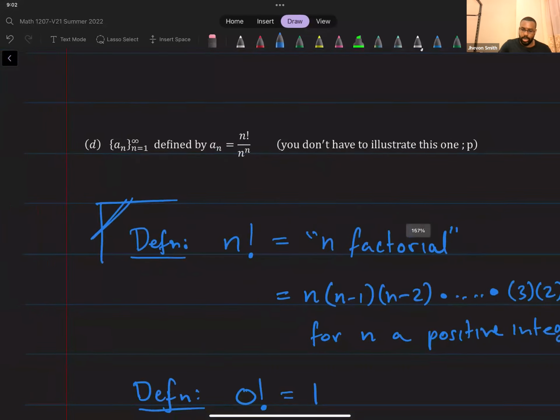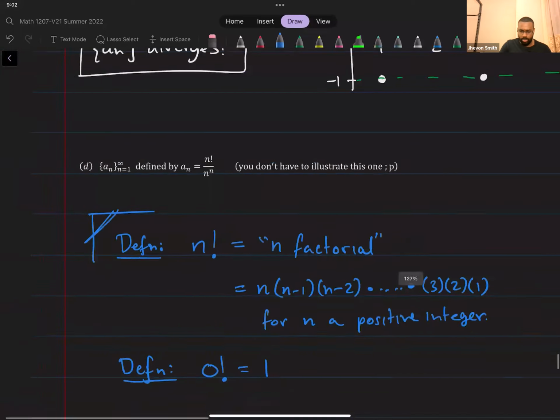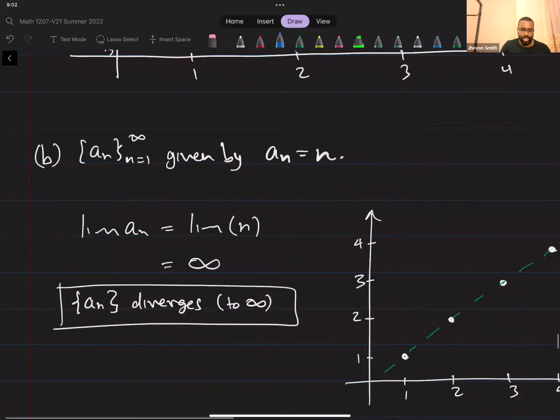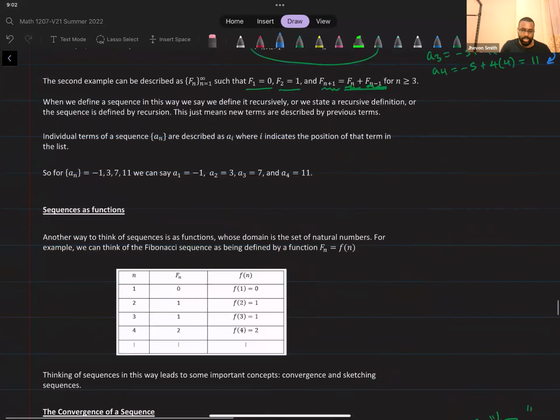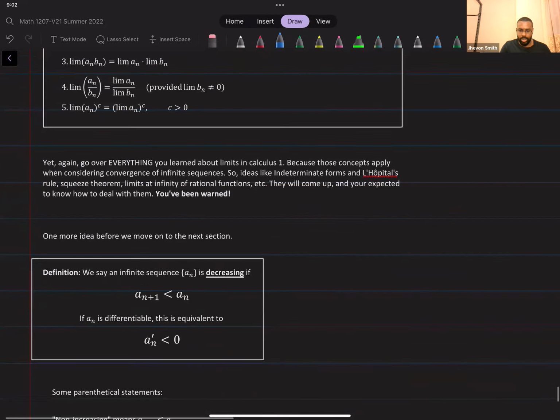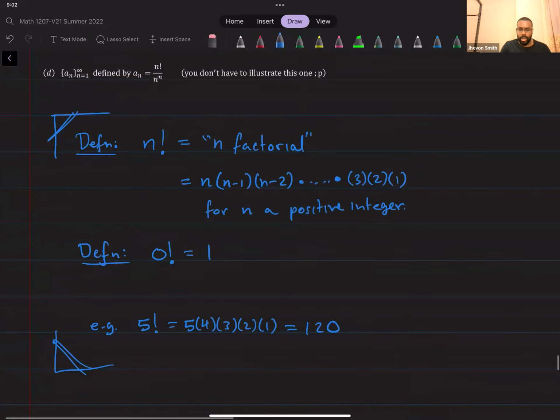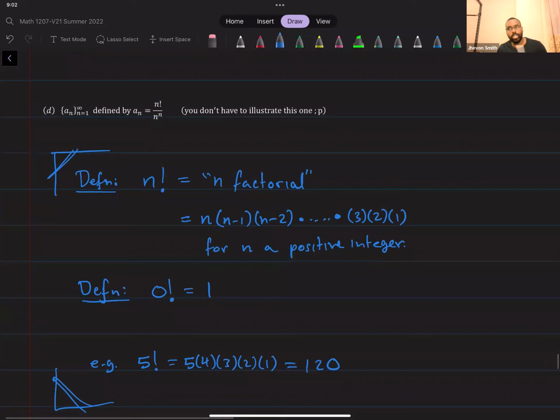So we will stop there, but we've almost finished with this section. Like the first section in sequences and series is just this. You need to know what a sequence is, what it means for it to converge. We need to talk about some basic properties and some new kinds of functions like n factorial. And also we need to know about when a sequence is increasing or decreasing.